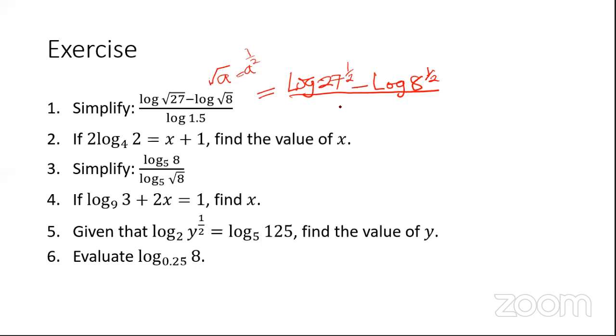all divided by 1.5. I told you last week that anytime you see a decimal number, you convert it to a fraction. So 1.5, if you want to convert it to a fraction, gives us 3/2.